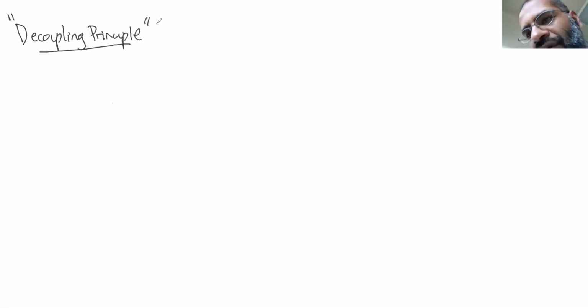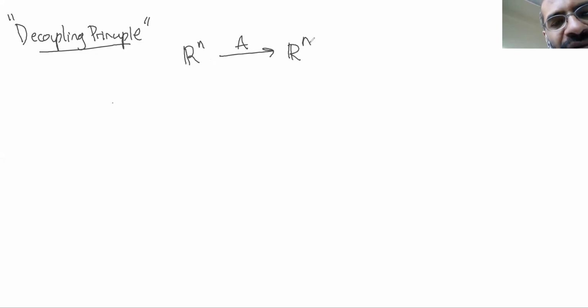It's not something we're going to use mathematically, but it tells you why this is so cool. If you have a matrix that gives, by multiplication, a linear transformation from Rn to Rn, well, in general, that matrix might have all kinds of entries. You can think of it as coupled, which means that the coordinates interact.